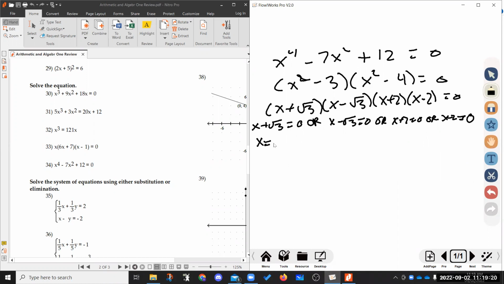So x = -√3, or x = √3, or x = -2, or x = 2. A fourth degree polynomial could have up to 4 answers.